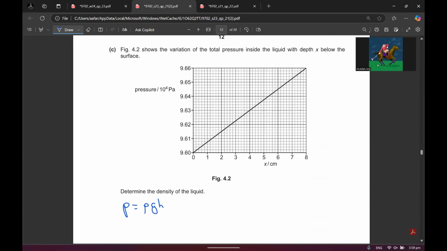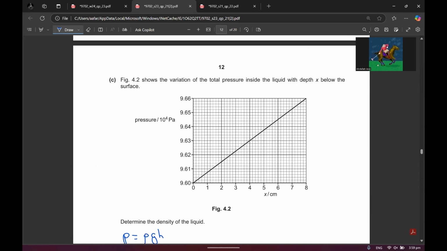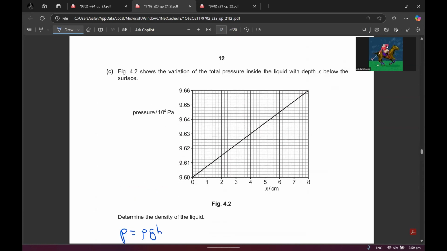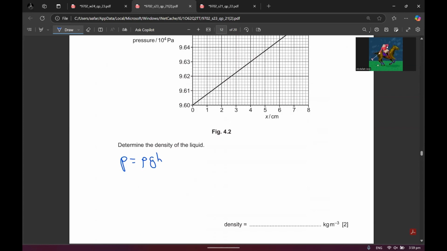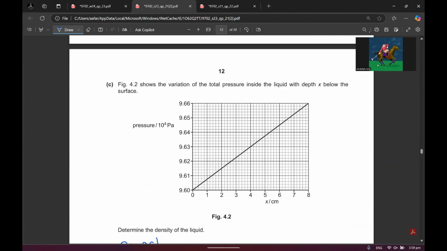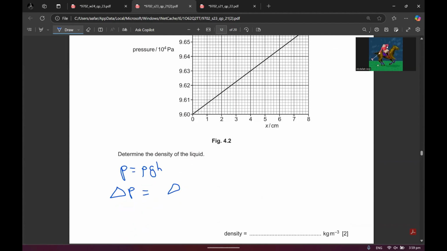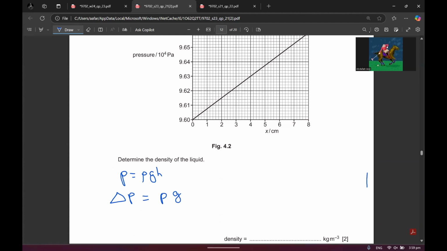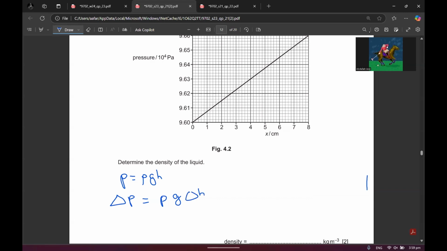So we can say that the change in pressure is equal to rho g times the change in h, since if x increases, so does the pressure.